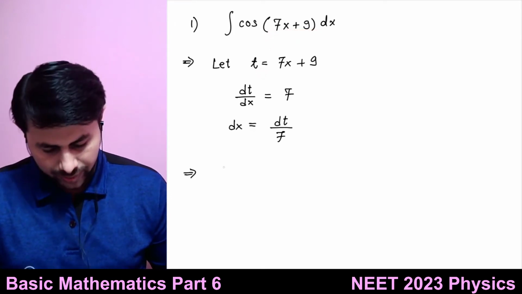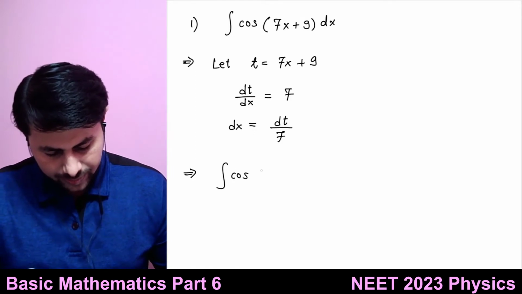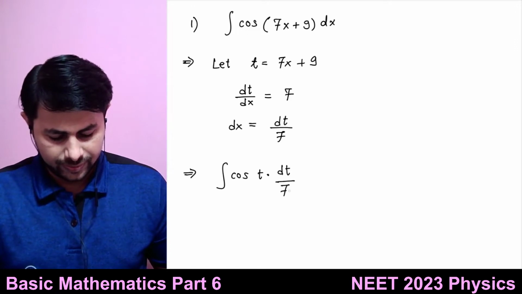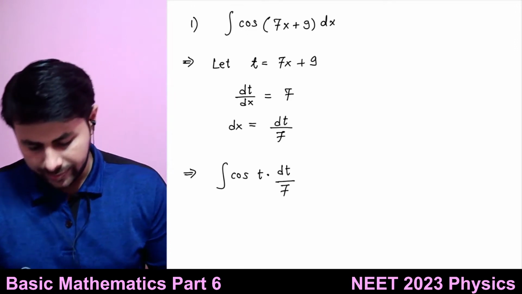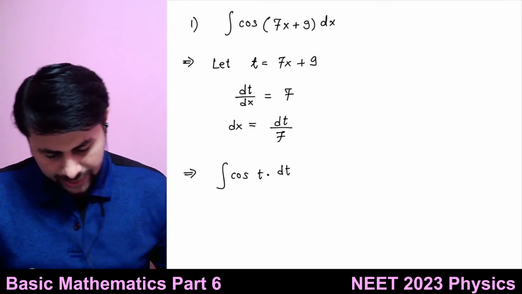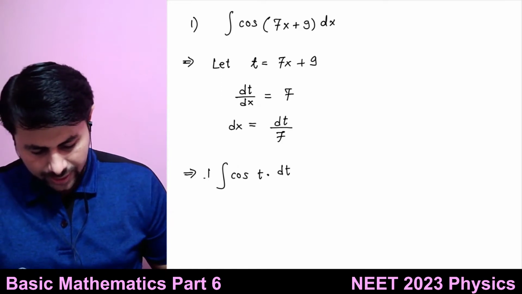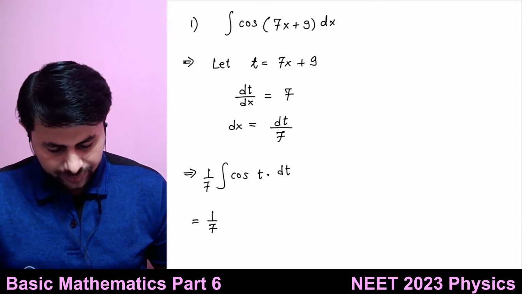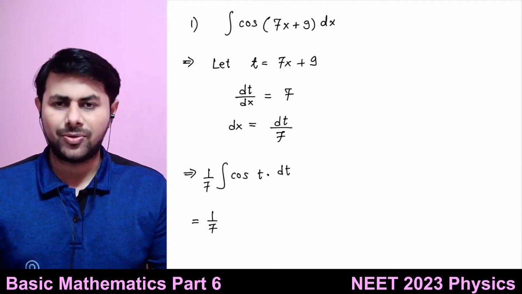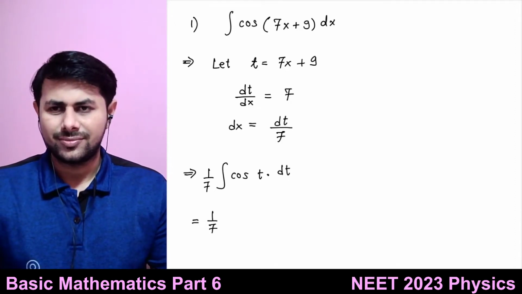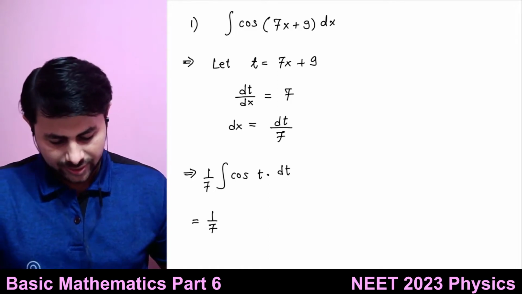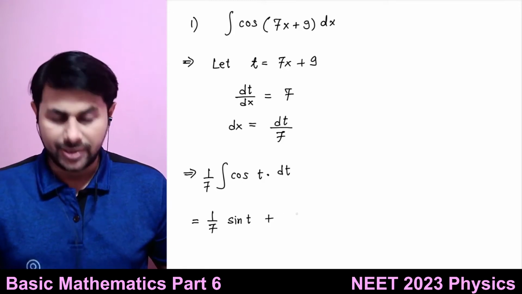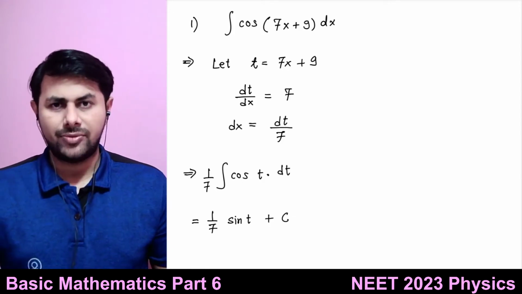Doing this substitution, I get cos of t dt by 7, and that 1 by 7 I can take out of the integral because it's just a number. So this is equal to 1 by 7 multiplied by the integral of cos t, which is sin t. Since we are doing an indefinite integral, a constant will come in.